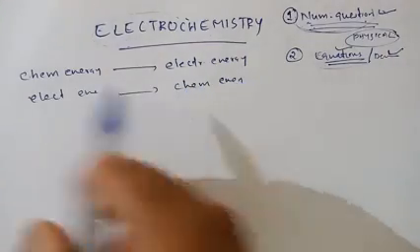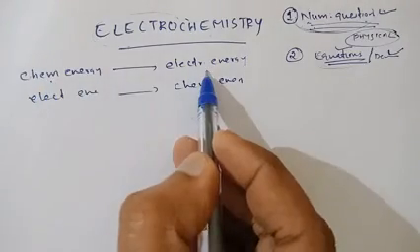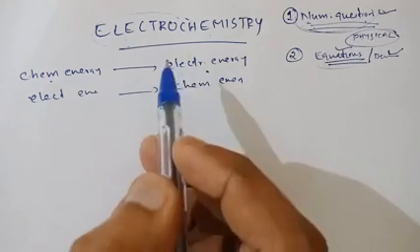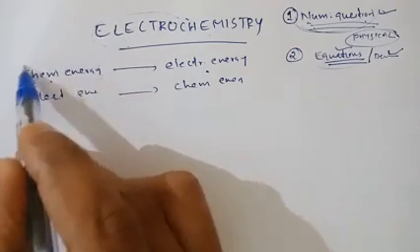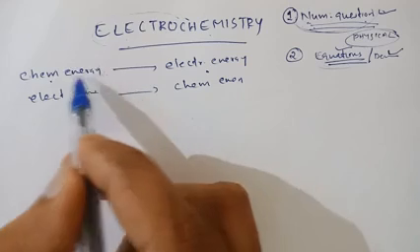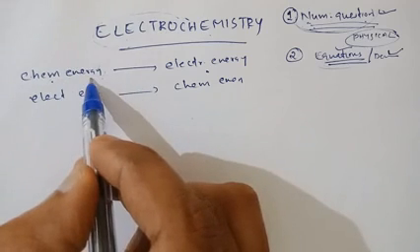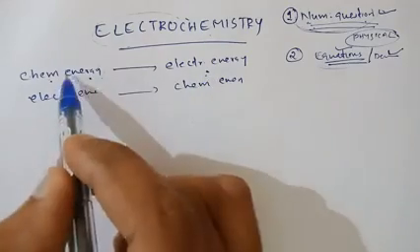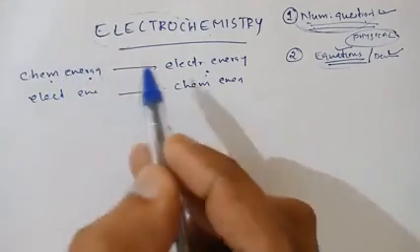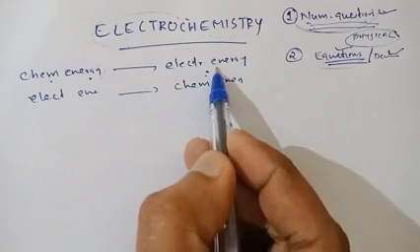This is an example: if you see a battery or cell, in a battery energy is present in the form of chemicals. So inside a battery chemical energy is there. If you use the battery it will give electrical energy. So from the battery, chemical energy is converted into electrical energy.